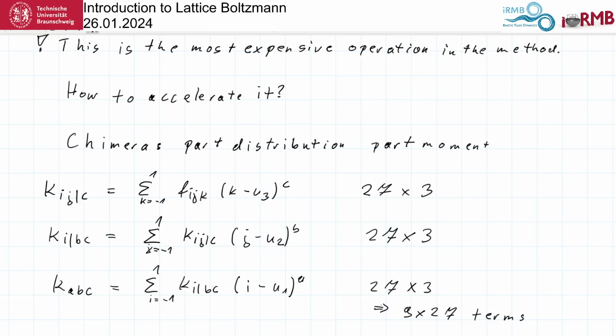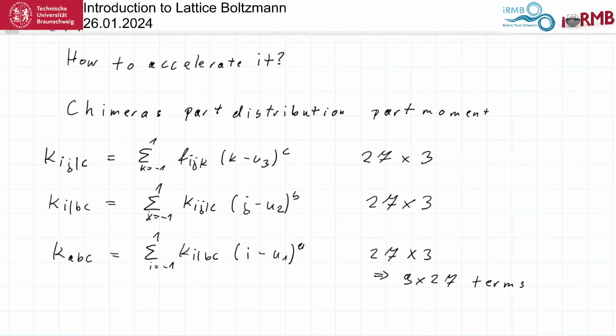So this thing is now at least 3 times faster, naively speaking. Practically speaking, it is actually 5 times faster. So when I did this first, I thought, okay, it must be 3 times faster.